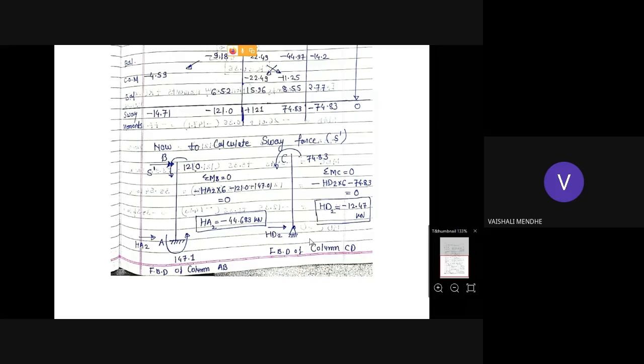Then how can you calculate this sway force? What equation will you get? How can you calculate this S dash force? Again you consider the entire equilibrium of the frame by considering figure 1C. I have already shown it earlier. So you refer to that figure and tell me the equation.